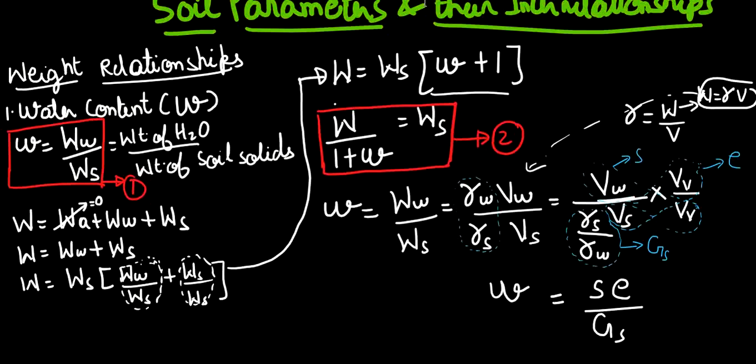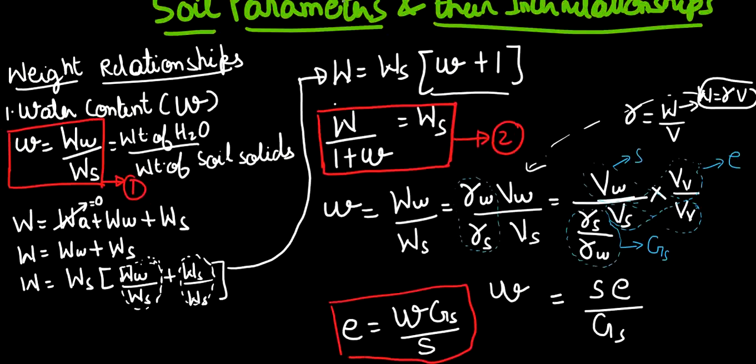From here, if I put specific gravity of solids and saturation on the RHS, I will be getting E equal to water content into specific gravity of solids upon saturation. This one is an important relation. I have derived this one also from the basic relation of water content. Let's number this as 3.